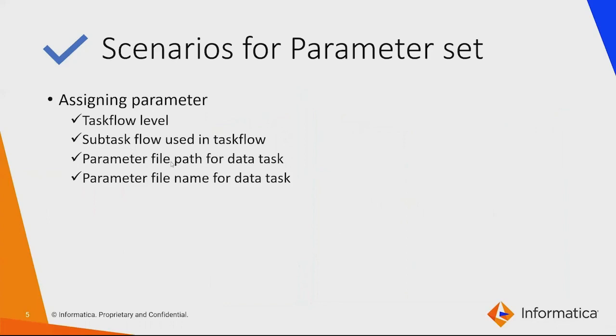I will probably show you further in the slides, but that's how you can avoid any hard coding over there. Otherwise, there is no way that you can avoid the hard coding of the parameter file path as well as the file name.